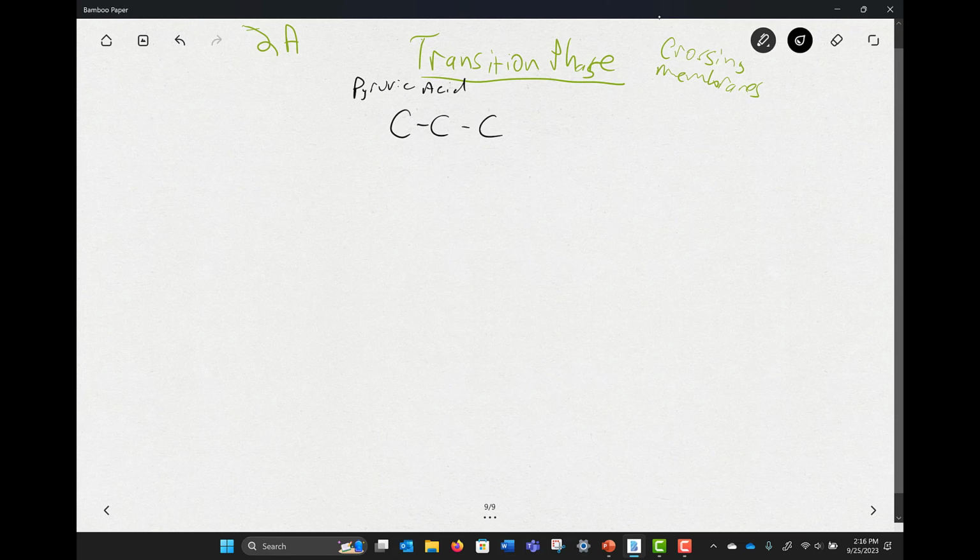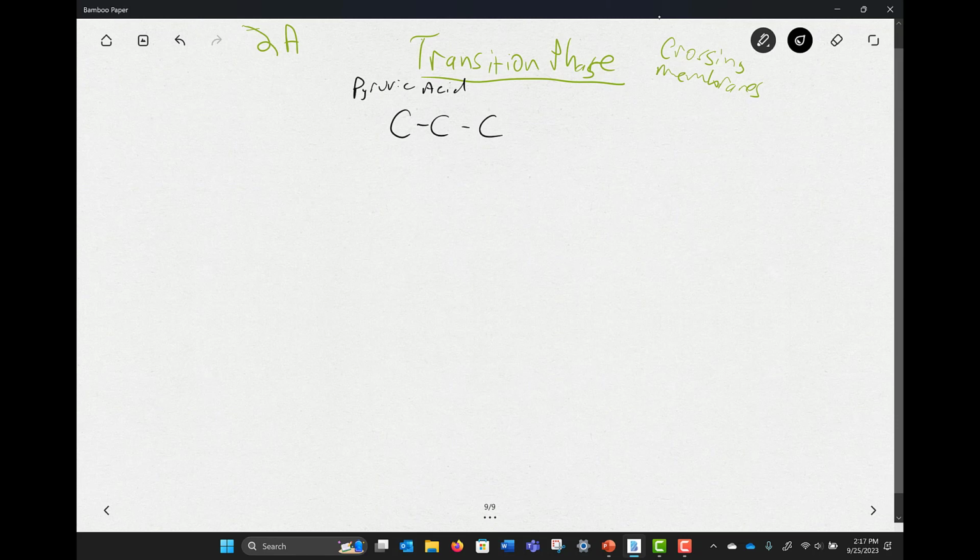Now we're going to look at one of those pyruvic acids. But remember, at the end of glycolysis, we got 2 pyruvic acids. So for every glucose that we start with, we're going to go through the transition phase twice, once with each of the pyruvic acids that we made.